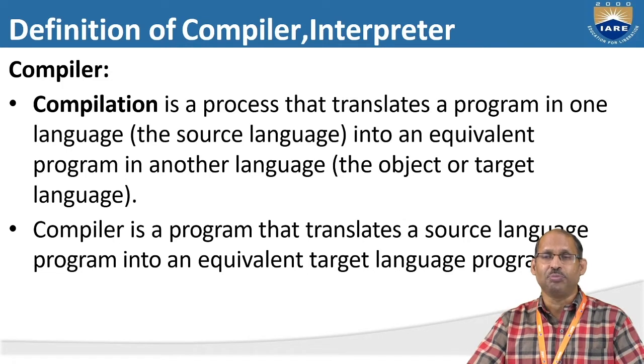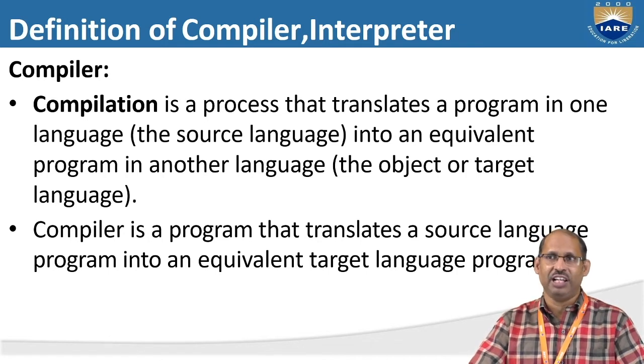So a compiler is simply a program that translates source language programs into equivalent target language programs. The source language means any high level language program: C, Pascal, C++, Java.